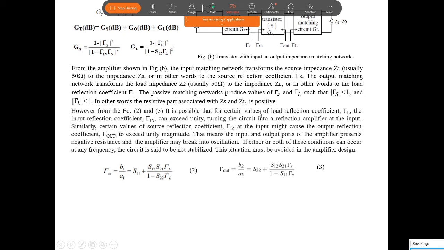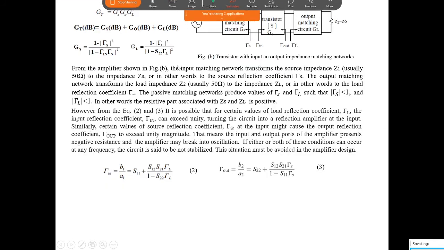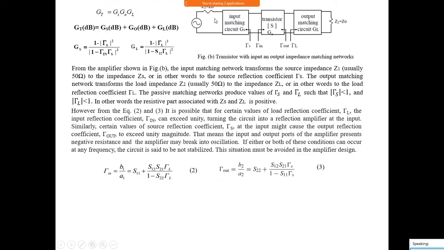So this impedance matching network transforms the source impedance Z1 to a ZS value that gives whatever gain we want. Similarly, the output matching network transforms the load impedance, which is usually 50 ohm, but that doesn't give the gain we needed.